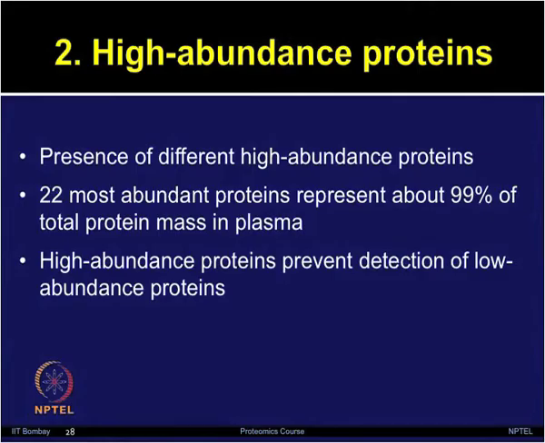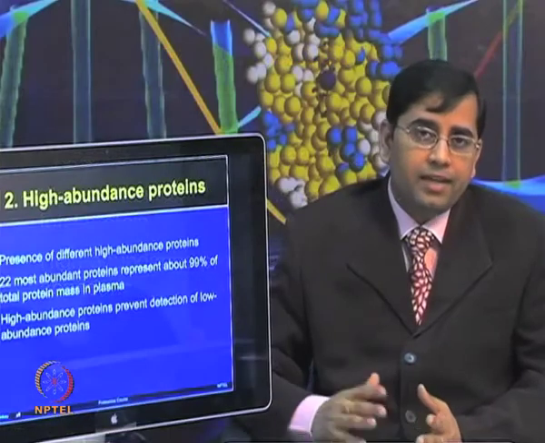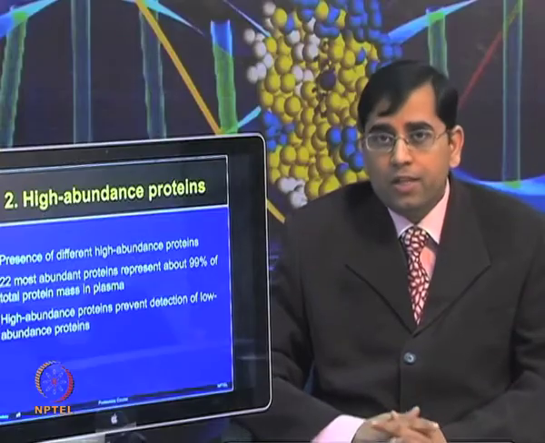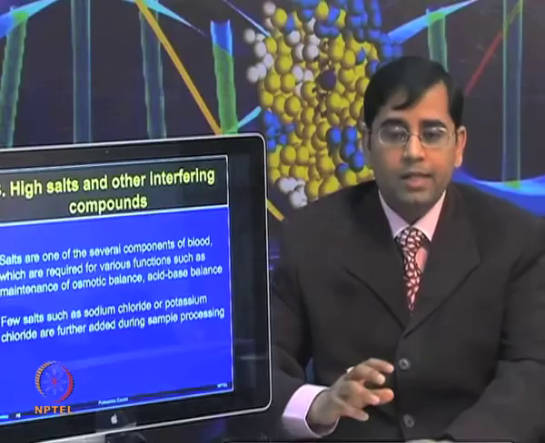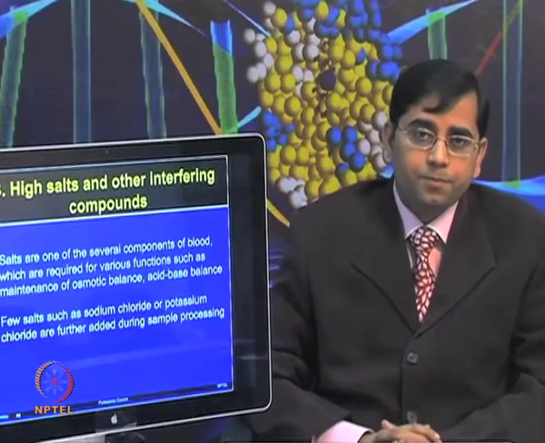So, how to get rid of the high abundant proteins? I will describe some of the strategies which can be used to remove high abundant proteins in the next couple of slides, but first let us talk about other challenging factors for serum or plasma analysis.